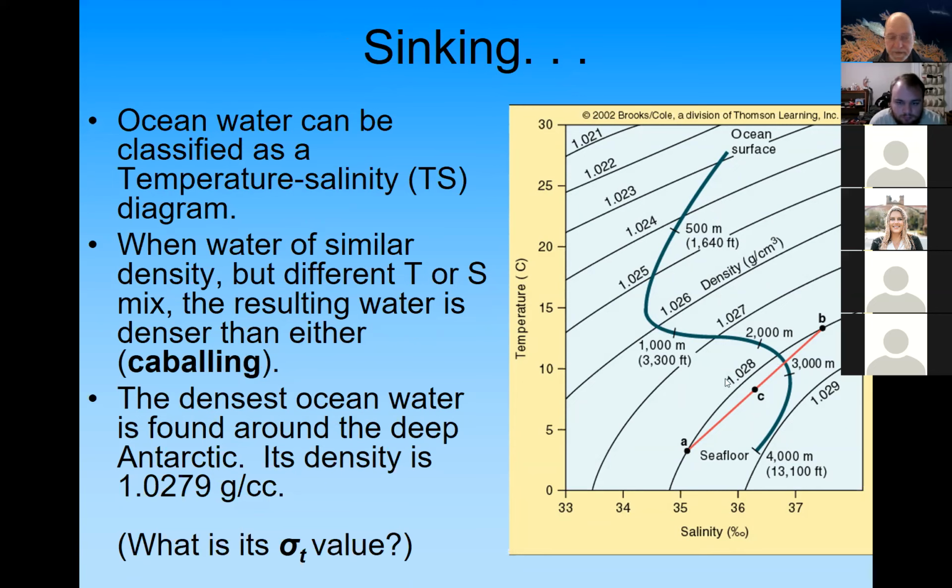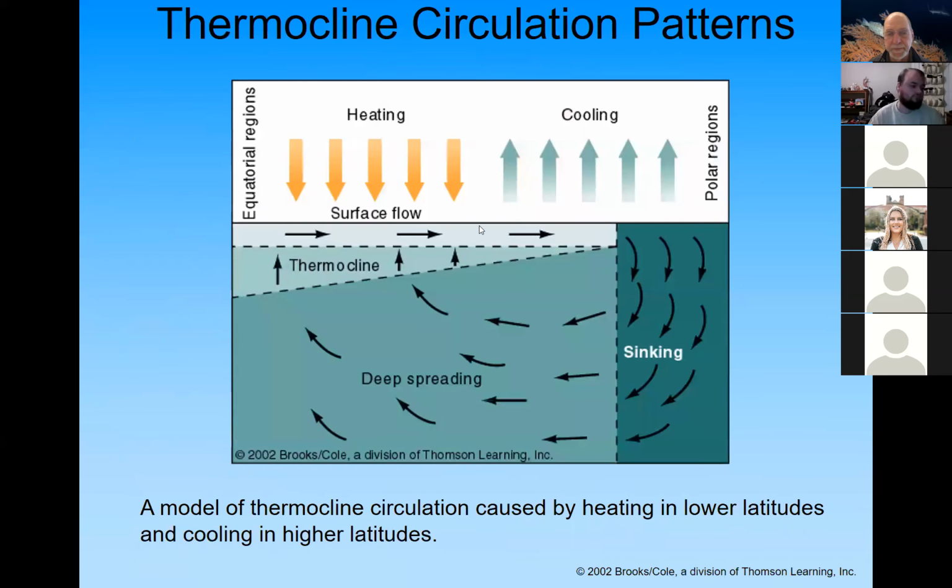And so you get this effect called caballing, and that causes water to sink. You probably remember this is sort of an abstract concept from our homework, but that's in fact what happens in the North Atlantic, in the Weddell, in the Norwegian Sea and the Labrador Sea.